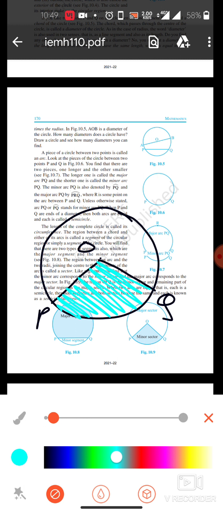Now sectors are again of two types. One is a minor sector and the other is a major sector. Now why major and minor? The area formed by the minor arc and the radii is known as a minor sector.